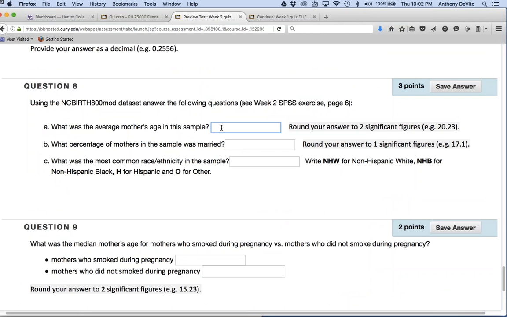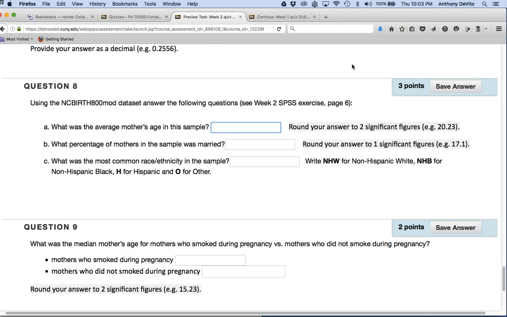But for this, the sequence we would use, with the data set open in SPSS, would be to go up to Analyze, right? Since we're not breaking this up into different groups, we just go to Analyze, Descriptive Statistics, and then choose Descriptives.